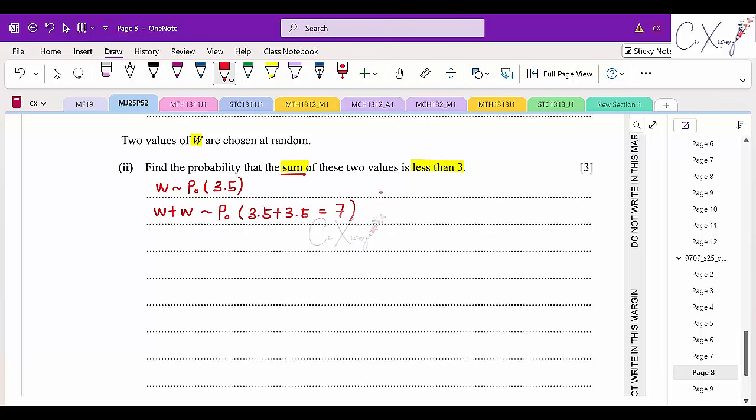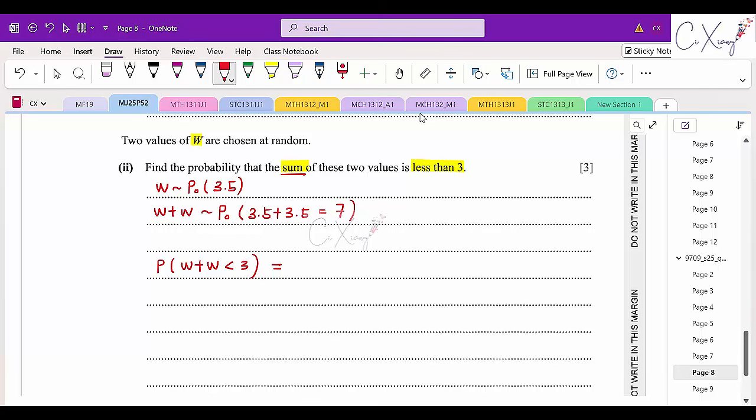And what are they interested in? They said the sum of these two values is less than 3. Therefore, when I want to write out the probability, it will be W plus W less than 3. You should start from W plus W equals 0, then 1, then 2. Shouldn't include the 3 here.